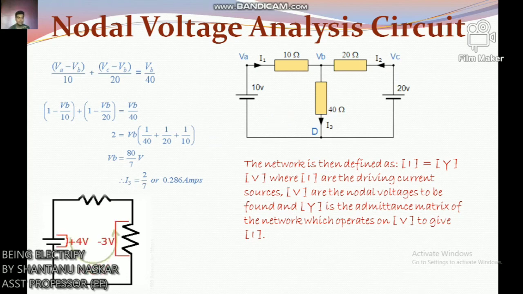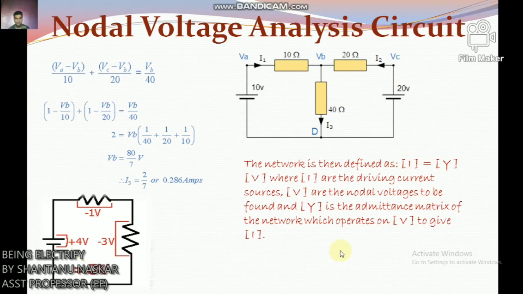The network is defined as I equals YV, where I are the driving current sources and V are the nodal voltages to be found. Y is the admittance matrix of the network, which operates on voltage to give current. So these are all in matrix form.